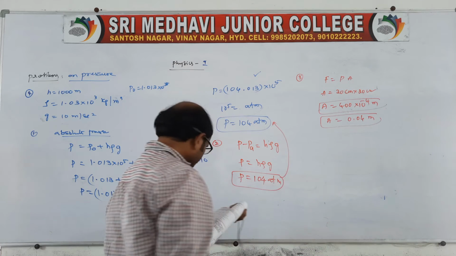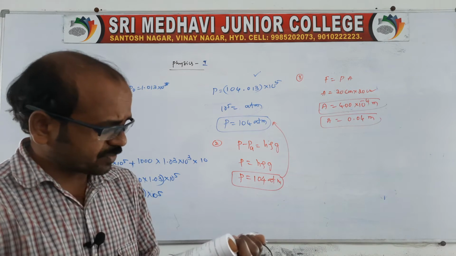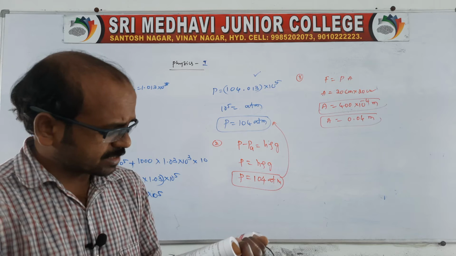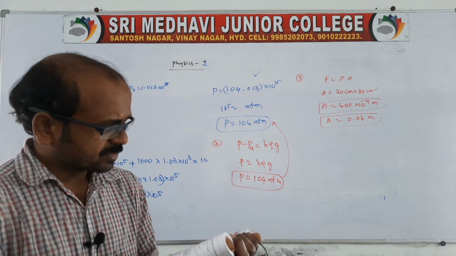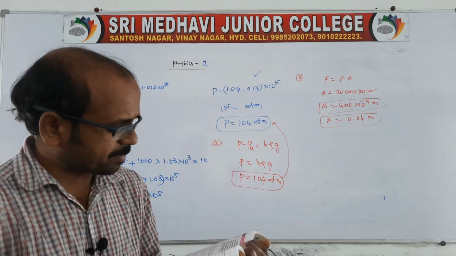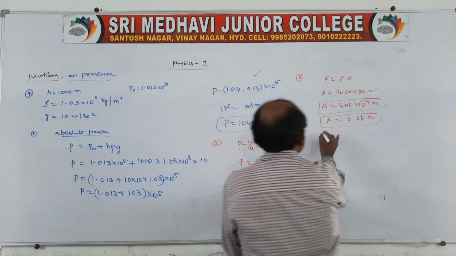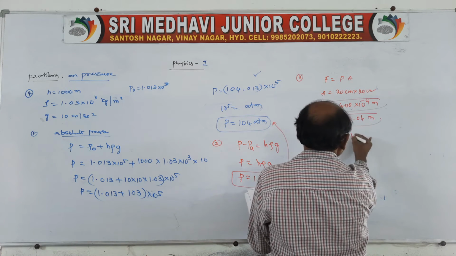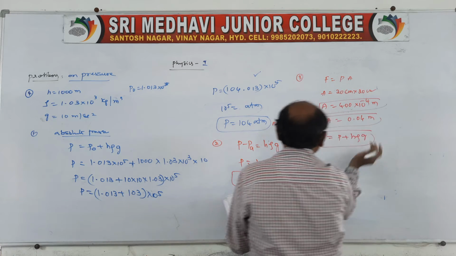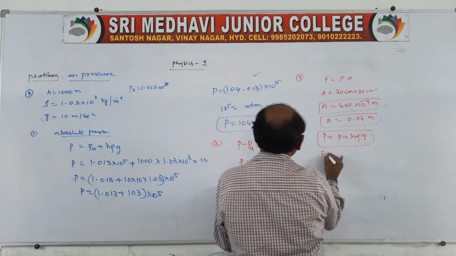Now we should get the pressure here, so h rho g, clear? That is P equal to P naught plus h rho g. At the same level, directly you take whatever pressure is given, 104.